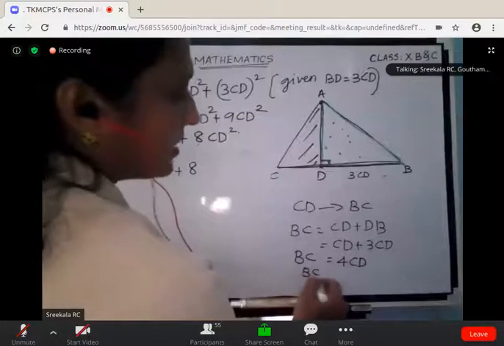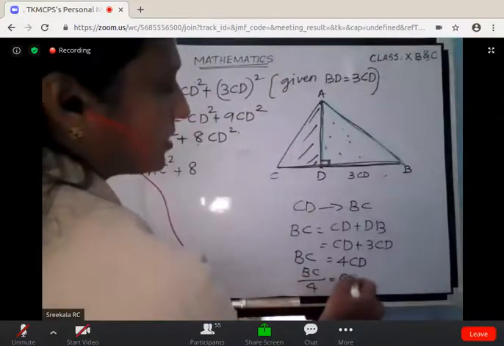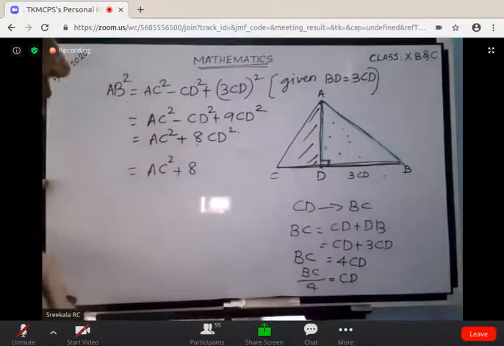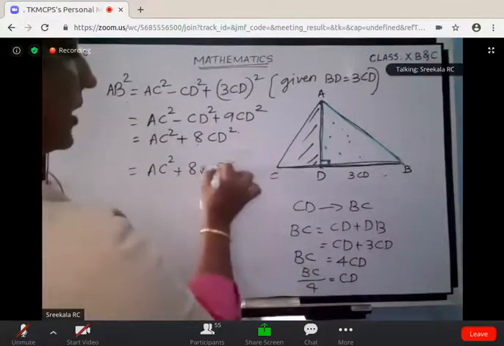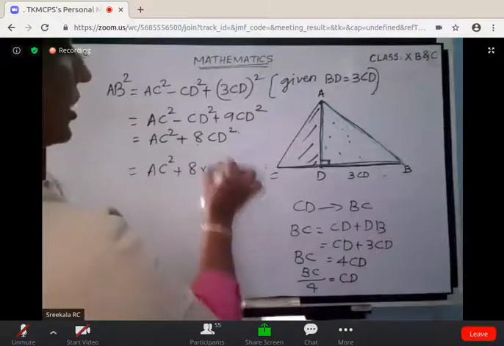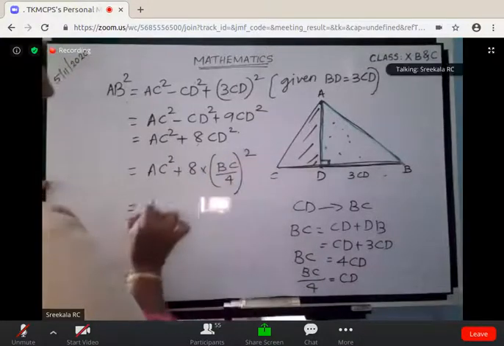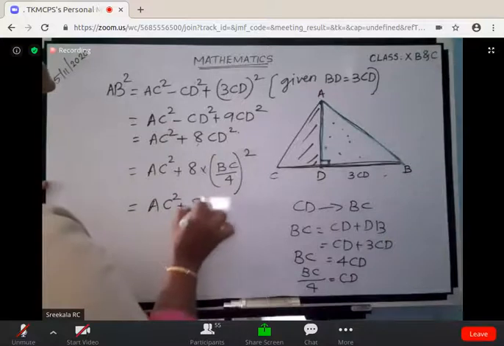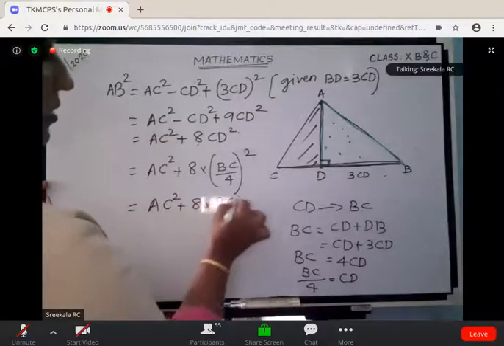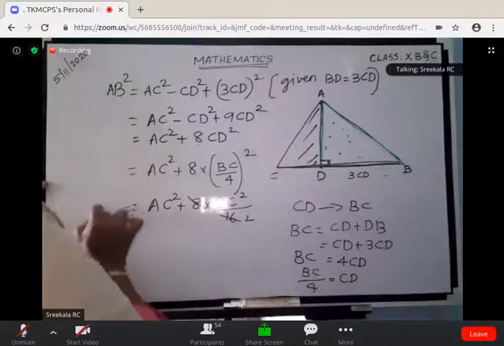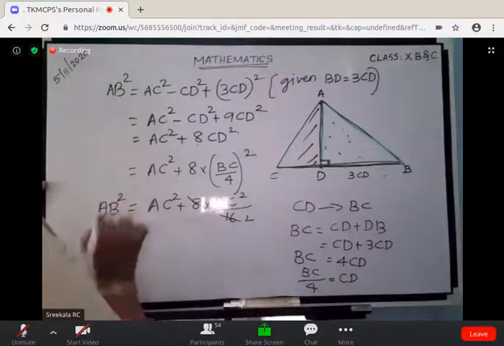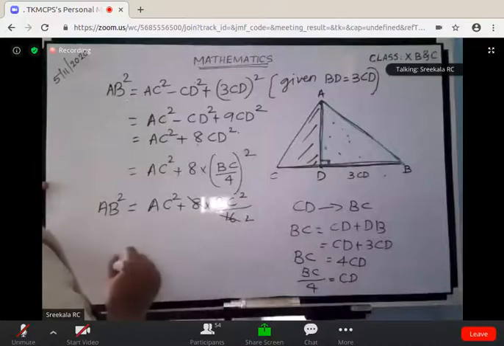So we can write BC divided by 4 equal to CD. So here 8 into CD square can be written as 8 into BC by 4 the whole square. So that's equal to AC square plus 8 into BC square divided by 16. Then cancel this, it becomes 2. So AB square equal to AC square plus BC square by 2.